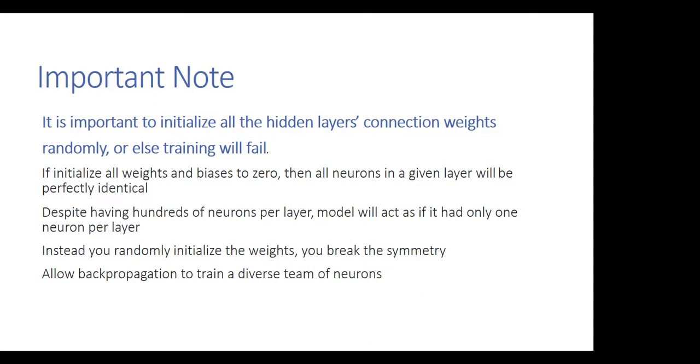So the model will act as if it had only one neuron per layer, even if it has lots of neurons per layer. Instead, if we randomly initialize the weights, we break the symmetry. So we allow the backpropagation to train a diverse team of neurons.